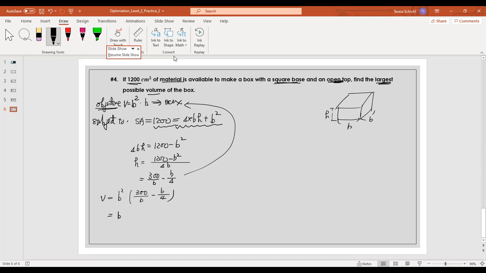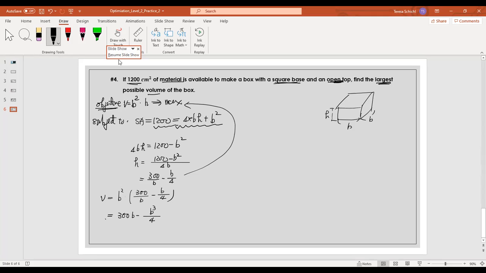Let me erase that, to make sure it's not too messy. Here the b and the b cancel. So this is 300b minus what? b cubed over 4 here, right?